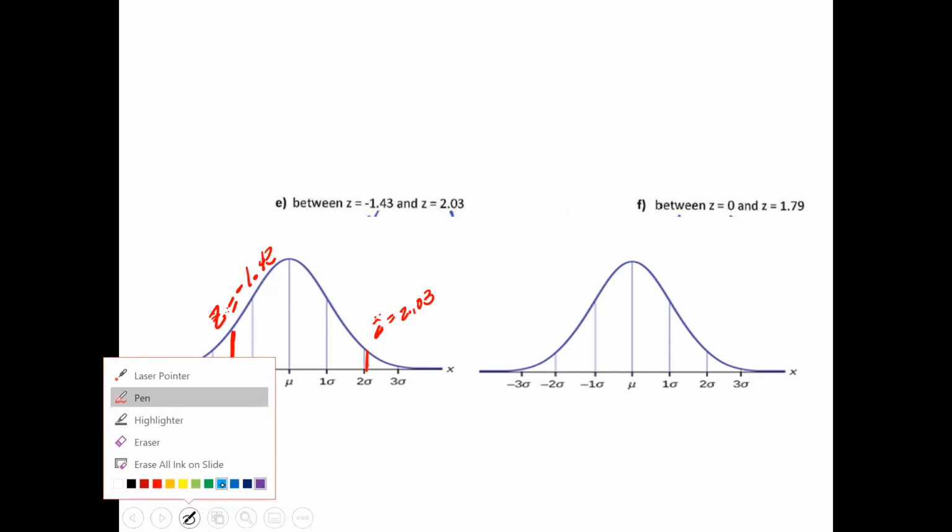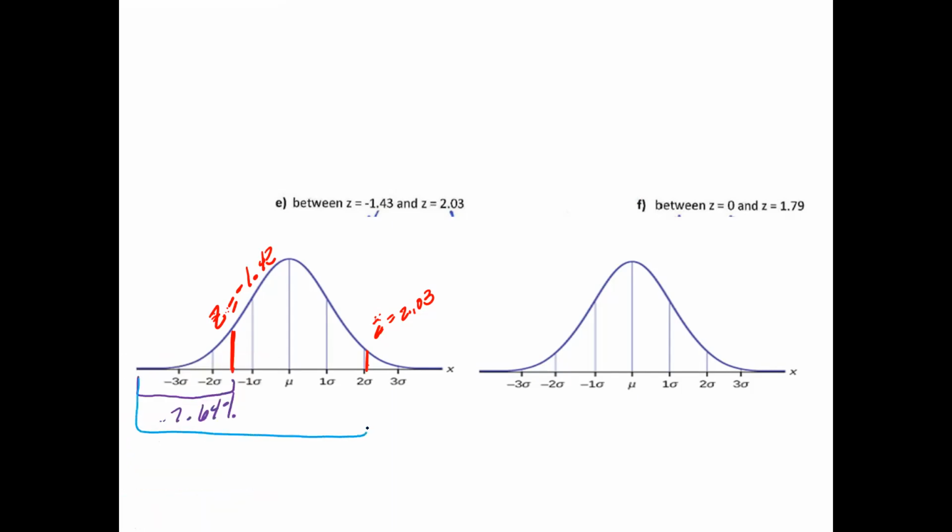And then when you take a look at the Z table from here to here for 2.03, that's going to give you a 97.88%.